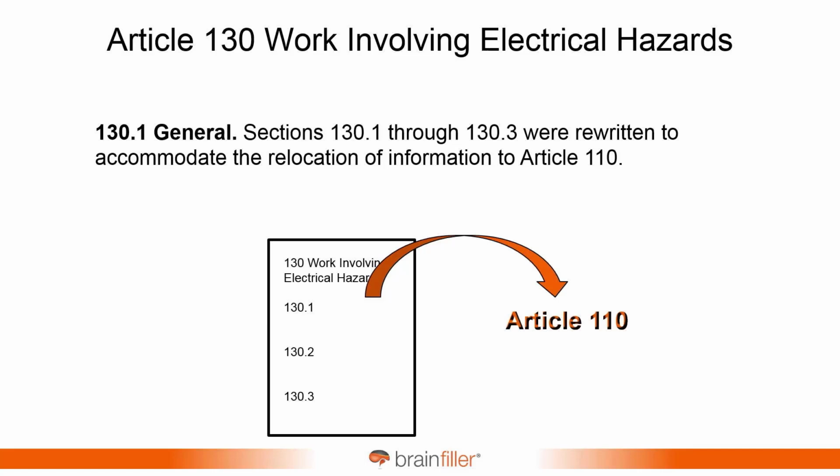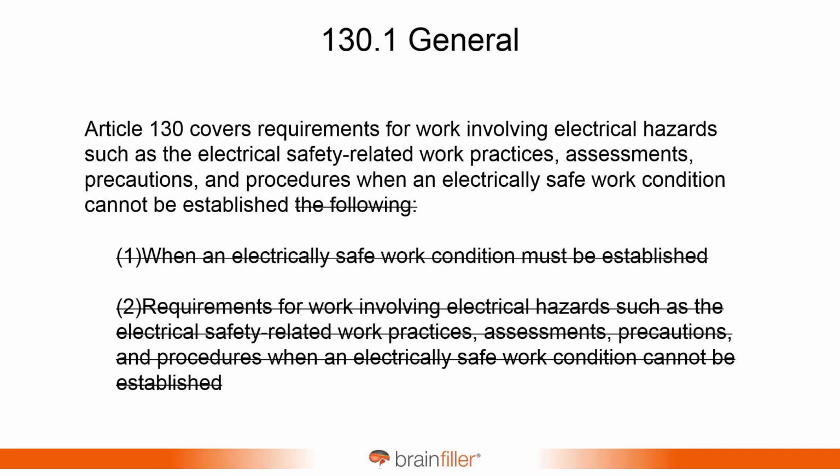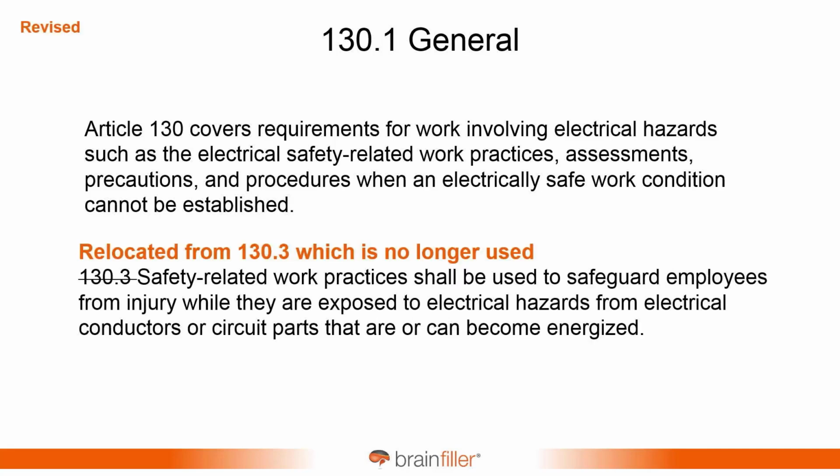So a lot of reorganization in 130. 130.1 was rewritten because some of this material disappeared and found its way into 110. And 130.3 is no longer used. The reason for that is pretty common: when you end up with holes in a standard, instead of renumbering everything that comes afterwards, you just make it a space holder, which is what happened here.